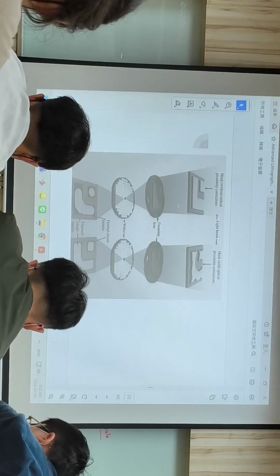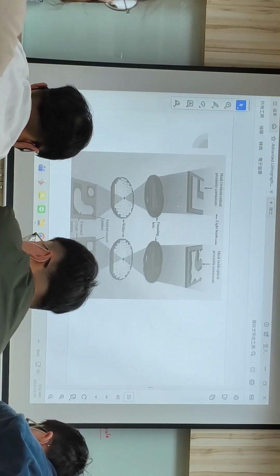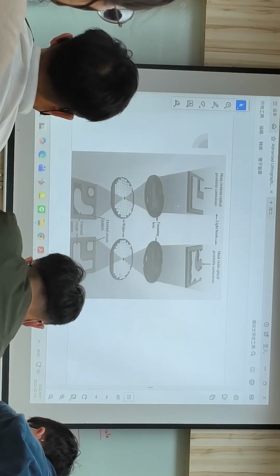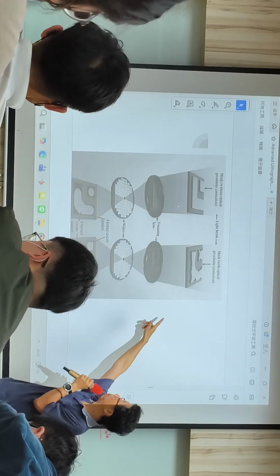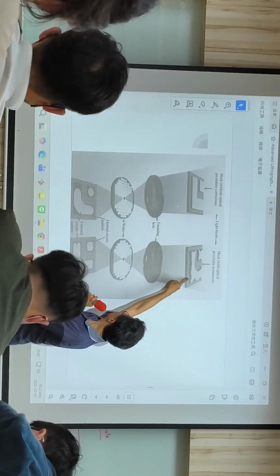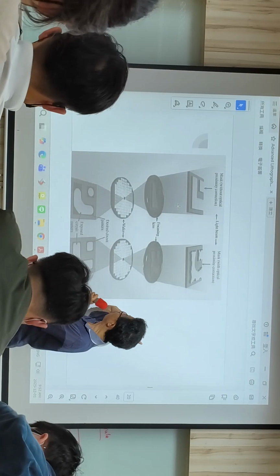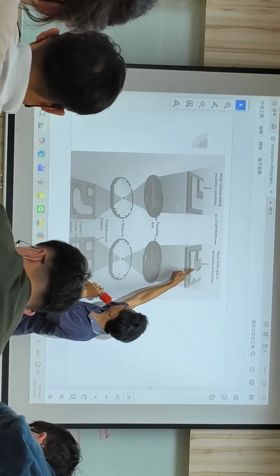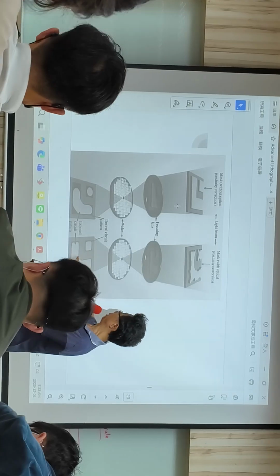So this is the intention for OPC. But you can see that the mask itself looks very different. You need to put some more horns, or we call it serif, and put something here to be able to correct.